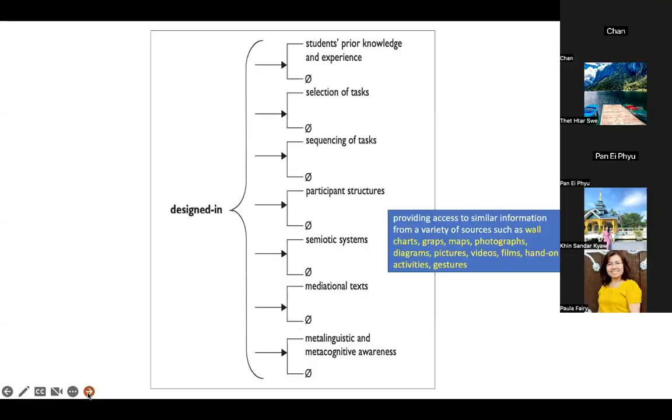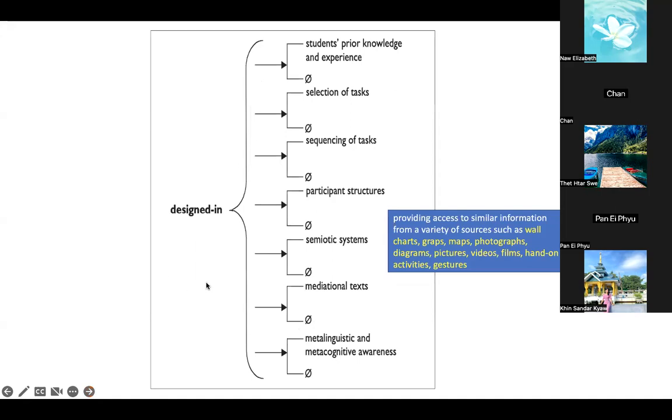Now let's start with designed-in scaffolding. Before we enter the classroom, we can think about these factors in advance to help the students learn more easily and to give students support in the classroom.